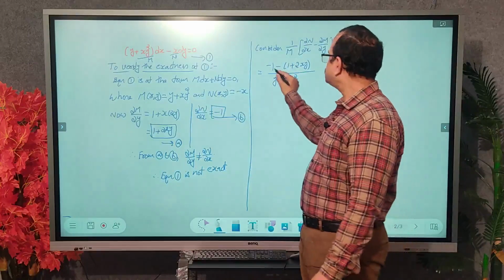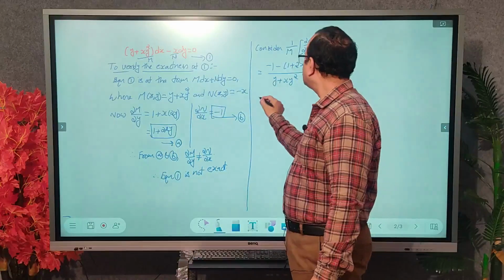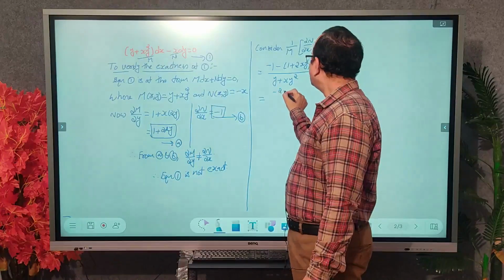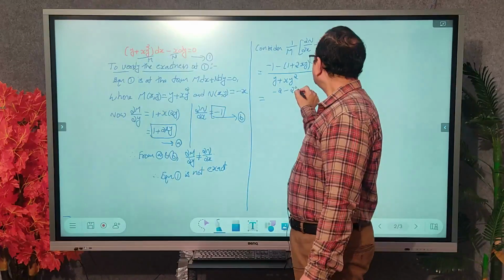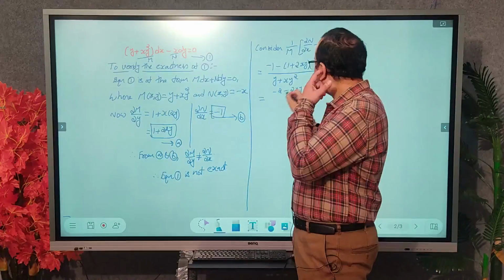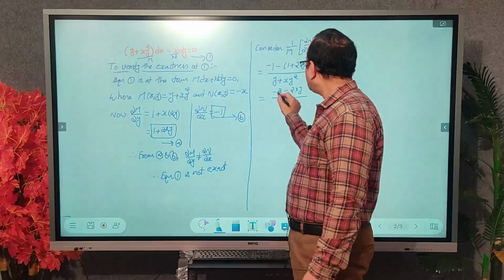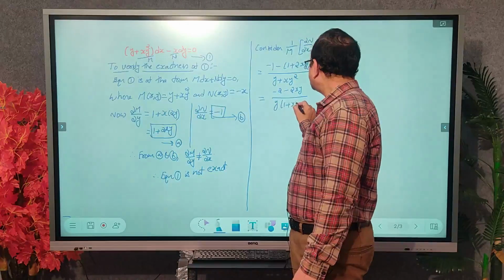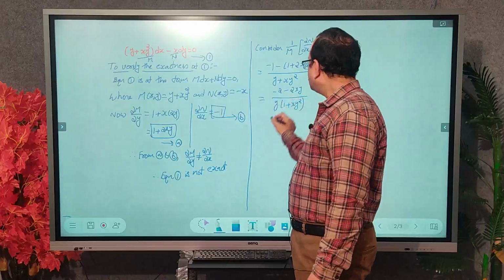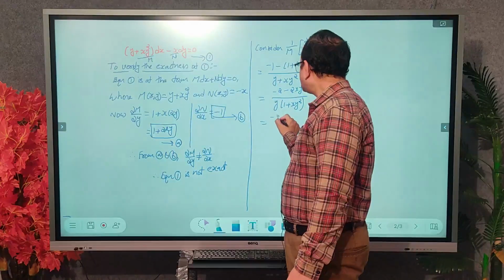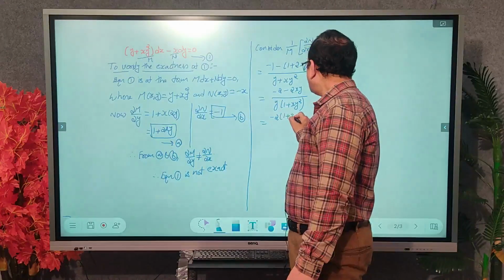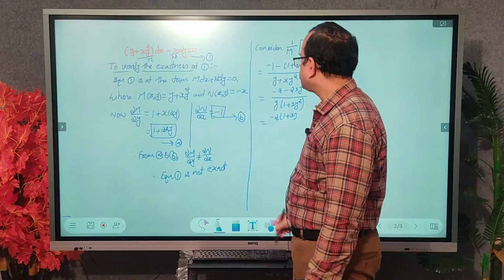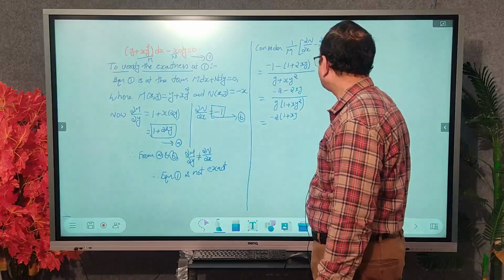Now you just simplify this. We have −1 − 1 − 2xy, that is −2 − 2xy, divided by, better you take y as common here, y(1 + xy). In the numerator also you take −2 as common, −2(1 + xy).